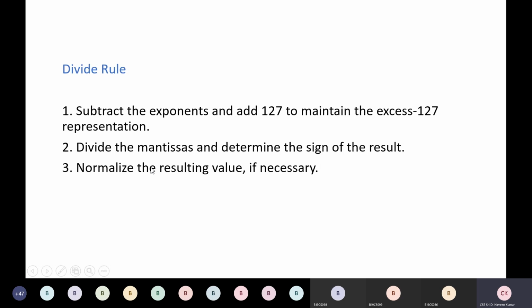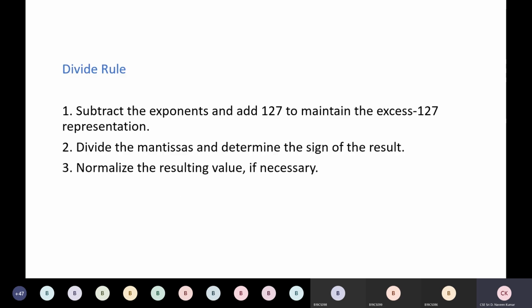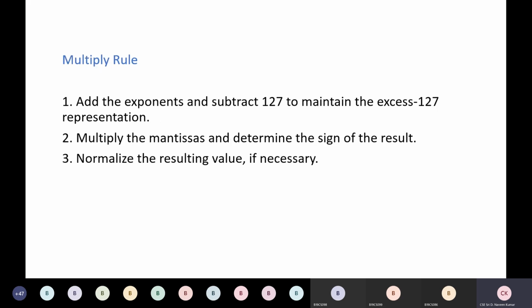Division we had already discussed in our previous class. And the third one is we normalize the result to 1.m format. Okay, these are the rules. We're done with the addition, subtraction, multiply rules.